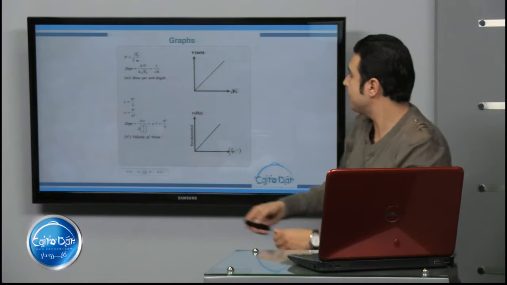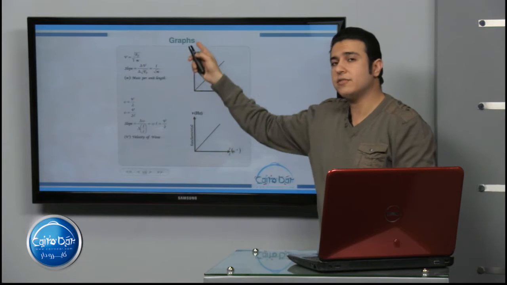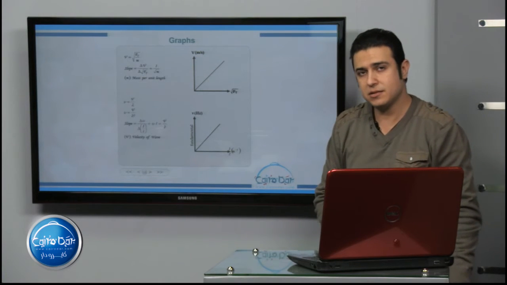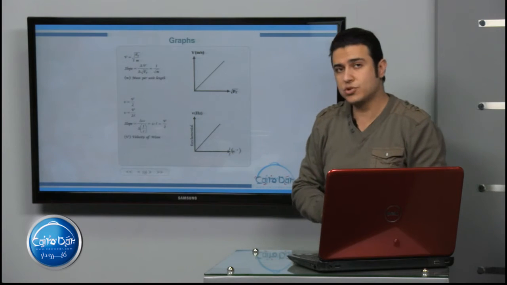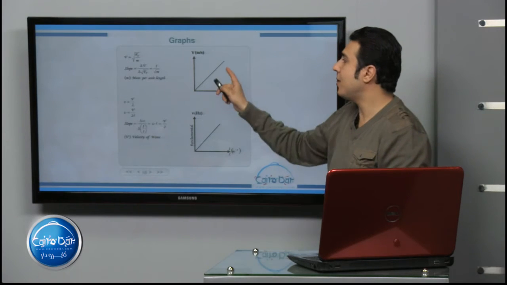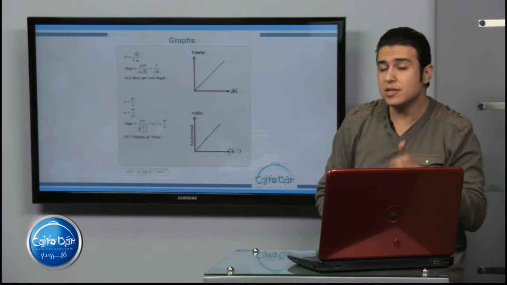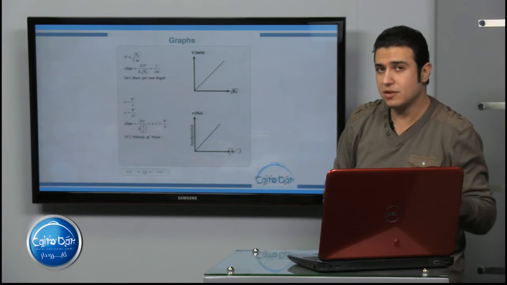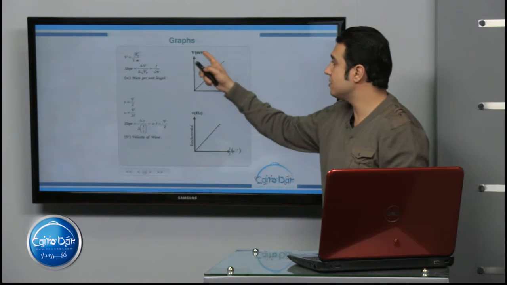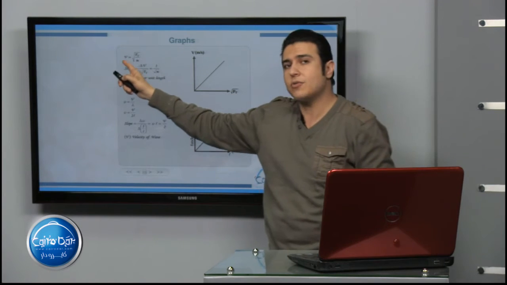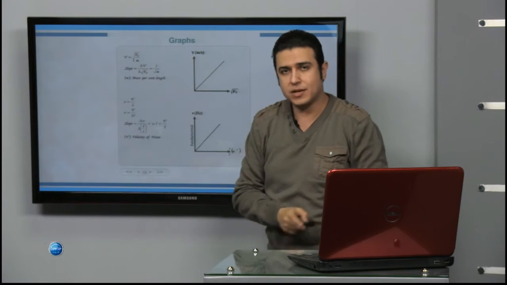Of course, these graphs represent the velocity in meter per second on the y-axis, and the square root of the tension force on the x-axis. What about the slope? Of course, you know the relation to calculate the propagation velocity in the stretched strings: v equals square root of FT over m.